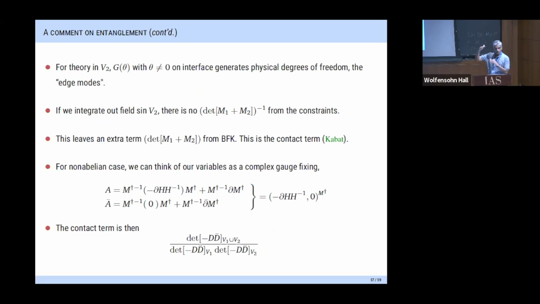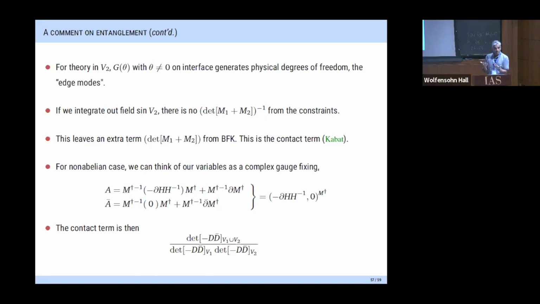I think we saw some of that yesterday. So he was able to calculate an extra term that arises in gauge theories, which he called the contact term. The contact term is basically coming from this fact that there is a leftover determinant from the BFK formula. And so that gives you a Hamiltonian way of understanding the contact term.